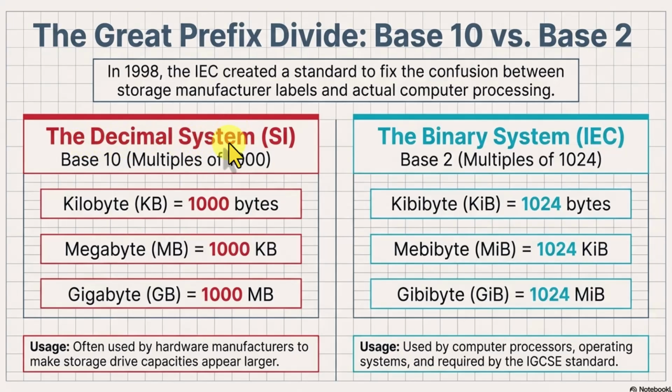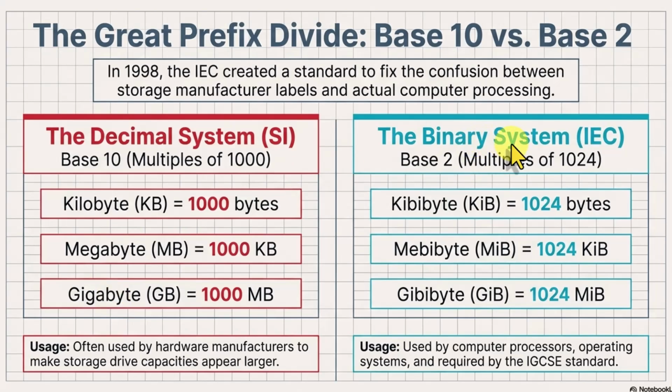See the decimal system, which is base 10, multiples of 10. For example, we have kilobytes, megabytes, gigabytes, KBs, MBs, and GBs. They are just 1,000. For example, 1,000 bytes make 1 kilobyte, 1,000 kilobytes make 1 megabyte, and 1,000 megabytes make 1 gigabyte.